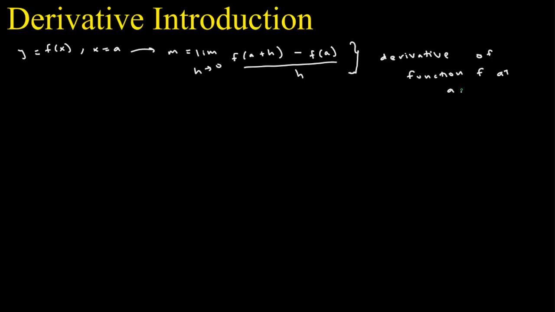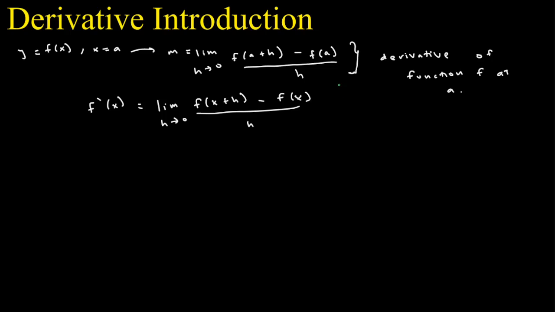And then, this is at a specific point. If we were to find an equation for the derivative for all points x, what would happen is we would get f prime of x, and this prime notation just indicates that it's the derivative of the function f. So f prime of x is basically equal to the limit as h tends to 0 of f of x plus h minus f of x, divided by h.